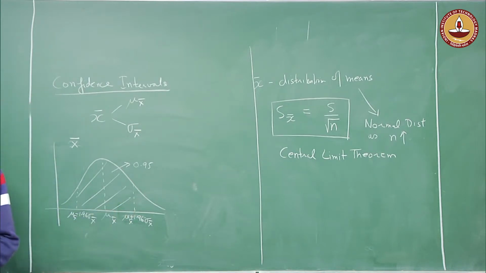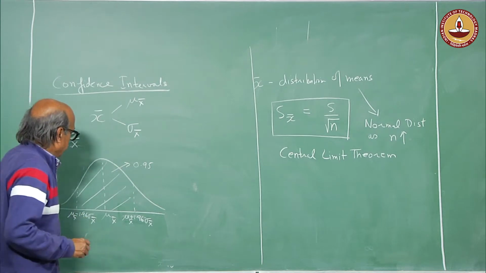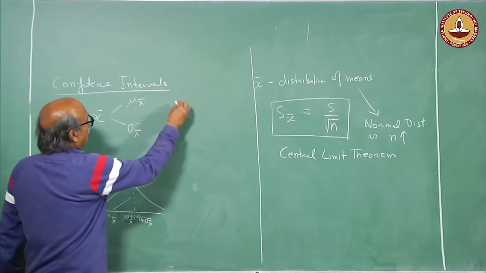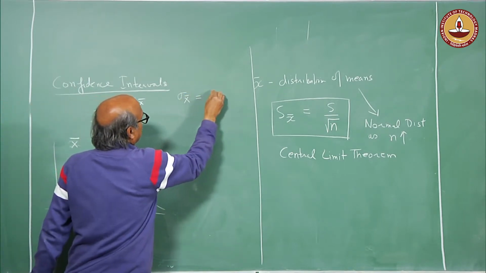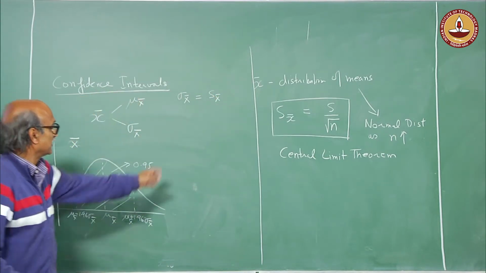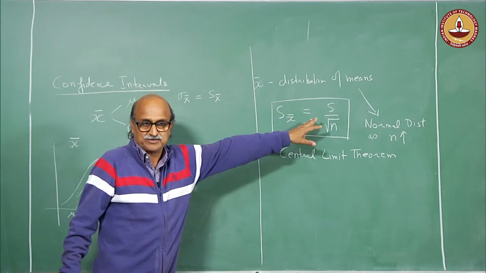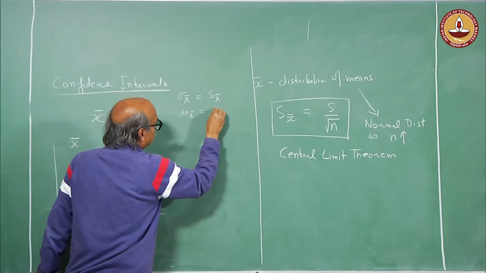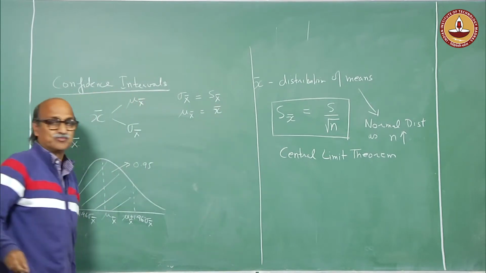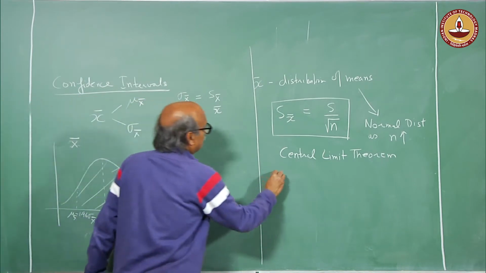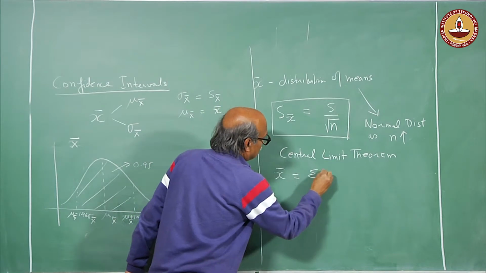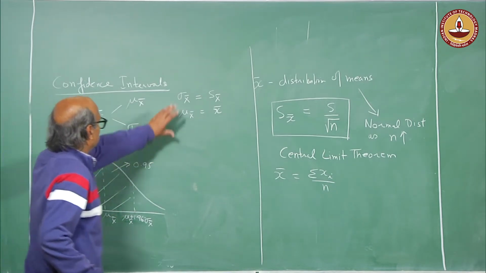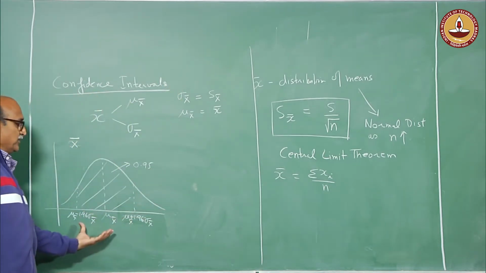That is what this means. And how do I get this? In this, sigma x bar is nothing but s x bar, which I have estimated from my sample data, and mu x bar is nothing but x bar that I have calculated. Okay. That is what I have calculated.